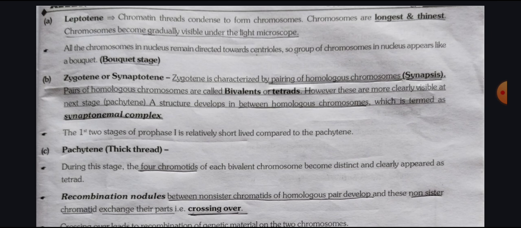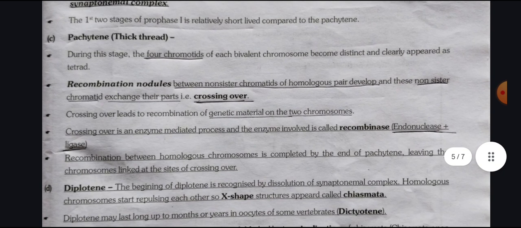Pachytene, thick thread. During this stage, the four chromatids of each bivalent become distinct and clearly appear as a tetrad. Recombination nodules develop between non-sister chromatids of the homologous pair, and these non-sister chromatids exchange their parts, for example, crossing over.